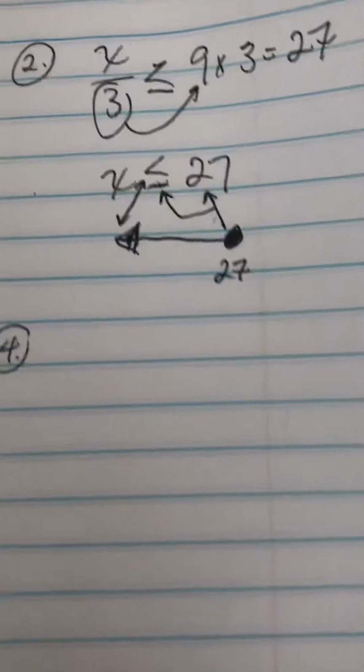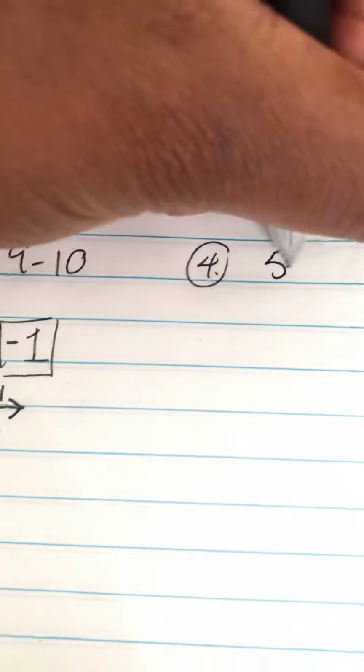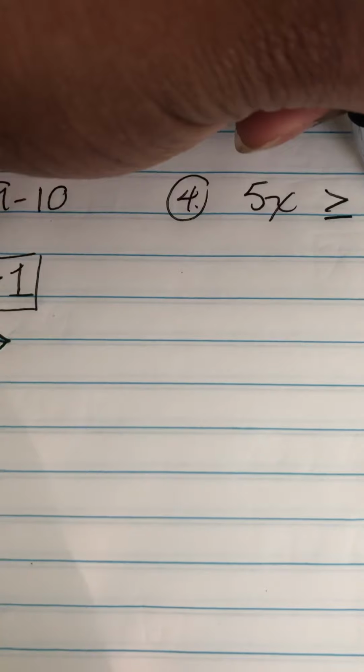Number 4, 5x. Remember, when they are together like that, the coefficient means we have to do division to get rid of it. And then we have is greater than or equal to 20. So now we're going to divide by 5 on both sides. It's going to give us x is greater than or equal to 4.